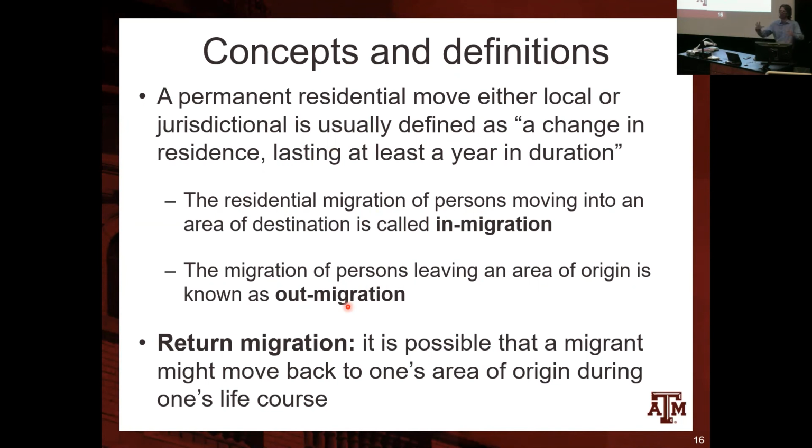If my analysis is focusing on the effects of these migrants here in Texas, I'm doing an analysis of in-migration. If I'm doing an analysis from the other point of view, how these people leaving California might affect positively or negatively the economy in California, I'm doing an analysis of the consequences of out-migration in the state of California.